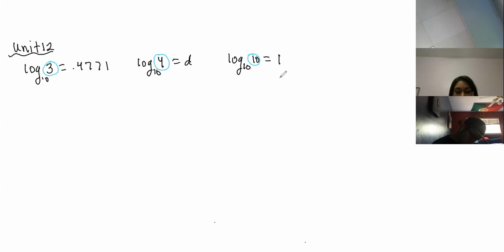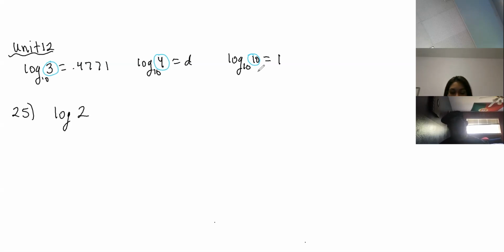What numbers did you ask for, Garen? Was it 24, 25, or 25, 26? 25, 26. Okay, so 25 is log of 2. Can I get 2 using 3 and or 4 and or 10 using multiplication, division, or exponents?